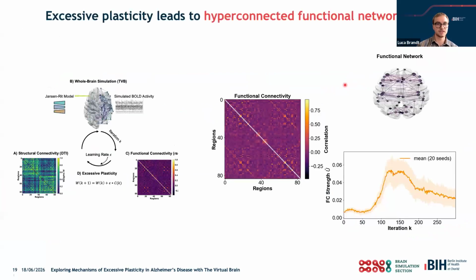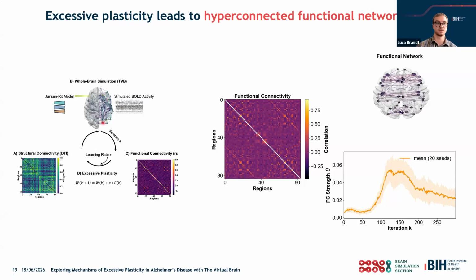Okay, so again, this is this plasticity iteration loop. Here you will see the changes of the functional connectivity matrix, the respective functional networks that were generated from this functional connectivity matrix.